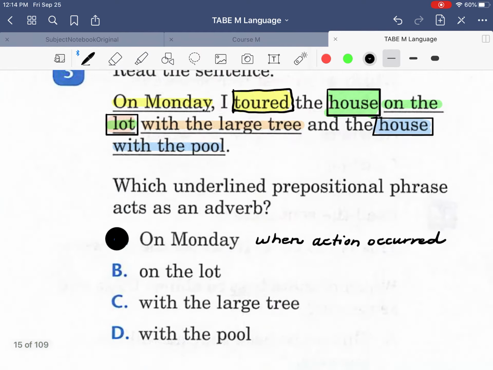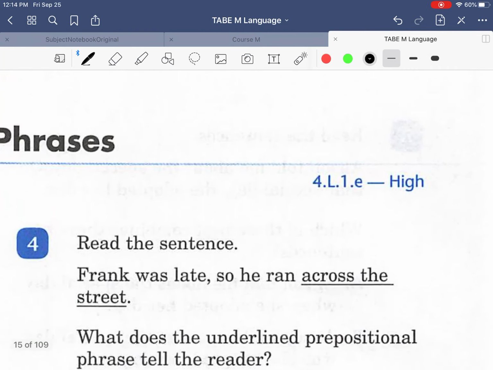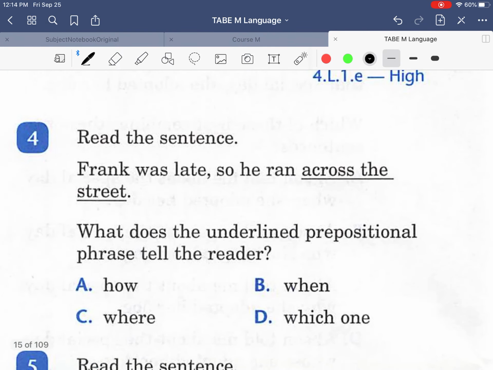Okay, number 4. Read the sentence. Frank was late, so he ran across the street. What does the underlined prepositional phrase tell the reader?